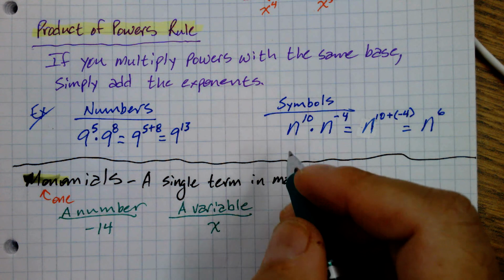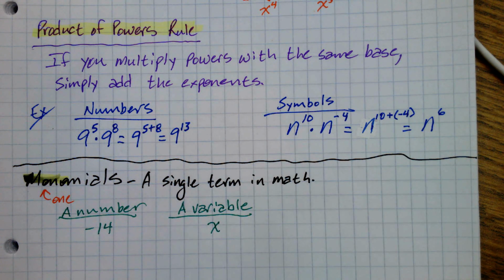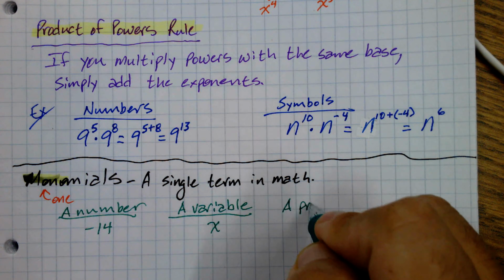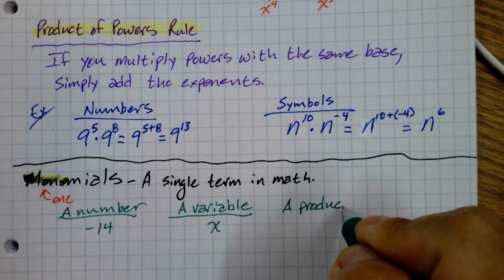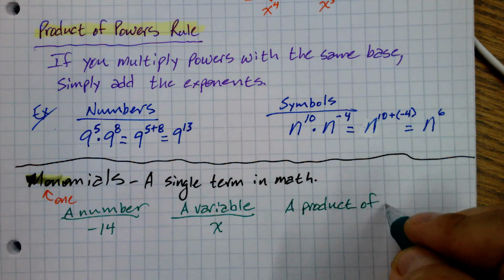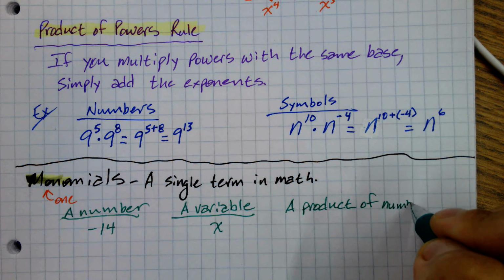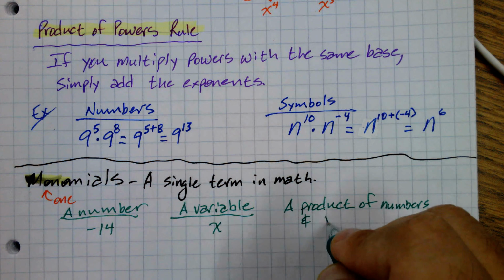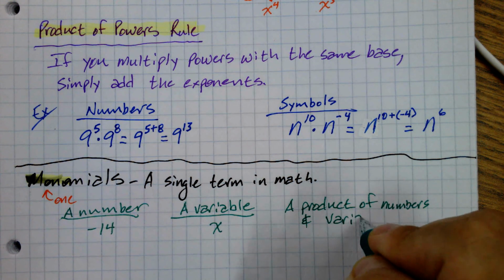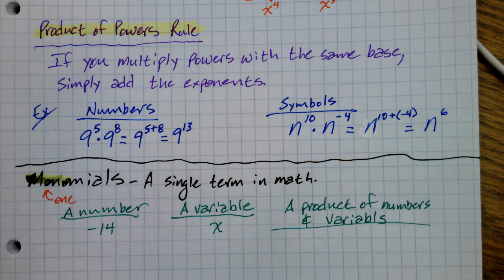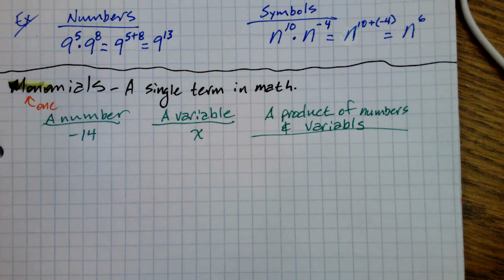It could be a combination or a product of numbers and variables. Notice I'm writing it plural. So here's one for you that's also a monomial.